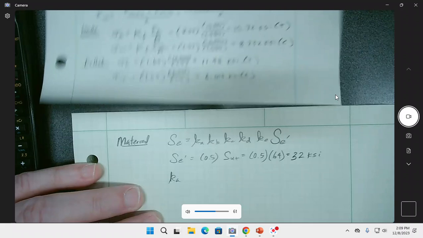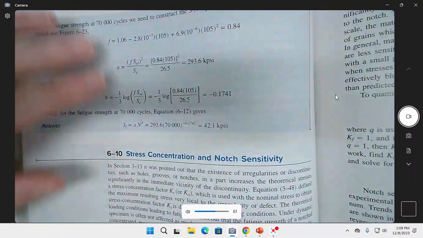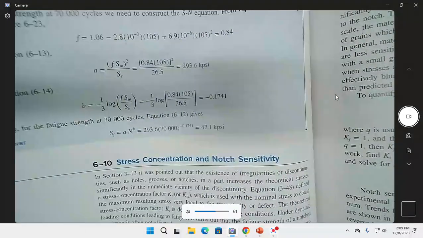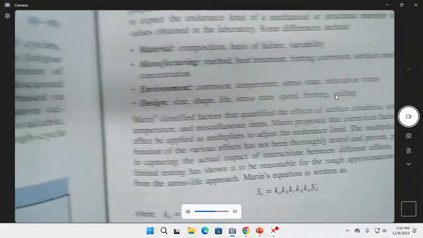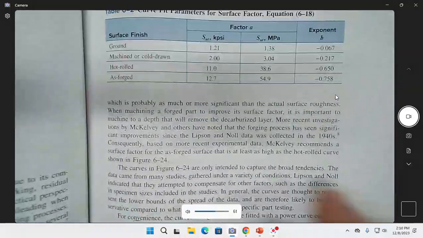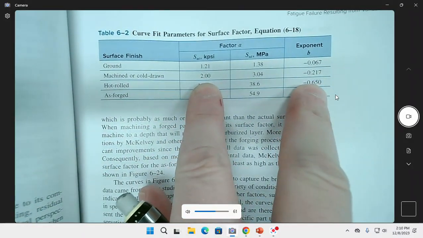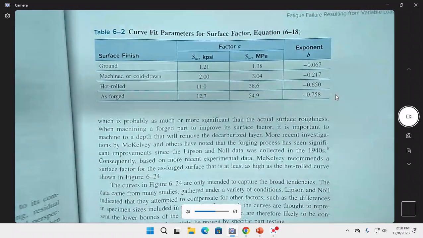For Ka, let's use the 11th edition for this information. Here's the equation we just used. And then we're cold drawn, so we're going to use a 2 for our coefficient and an exponent of negative 0.217.